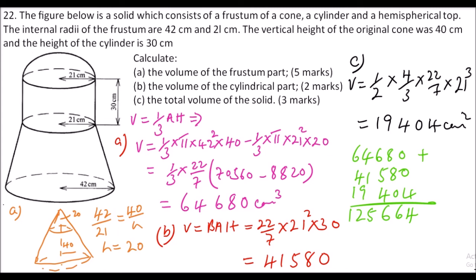So the total is 125,664 centimeter cubed. So that is the volume, and you get yourself 10 marks. So that is how you work out that question.